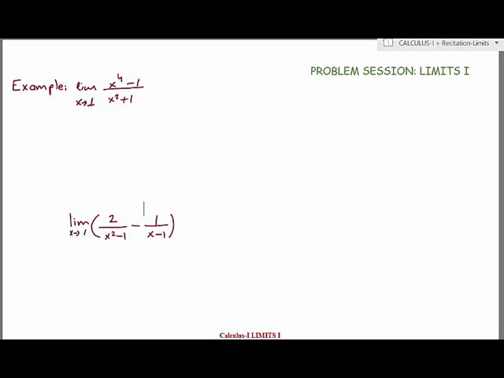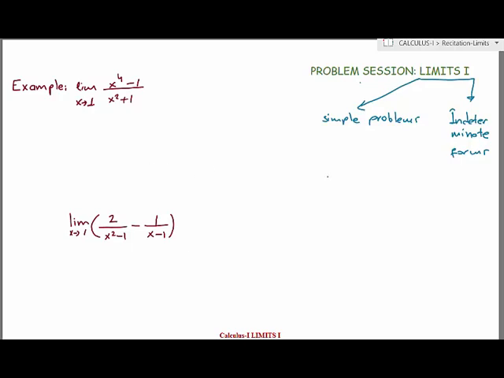I may classify the limit problems into two main groups. In the first group, we have some simple problems. We just plug the number in the expression and get the answer right away. But in the second group, we have some indeterminate forms.